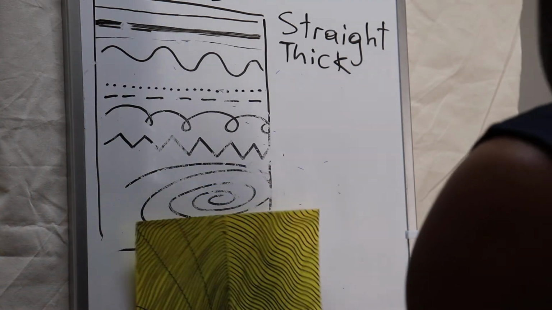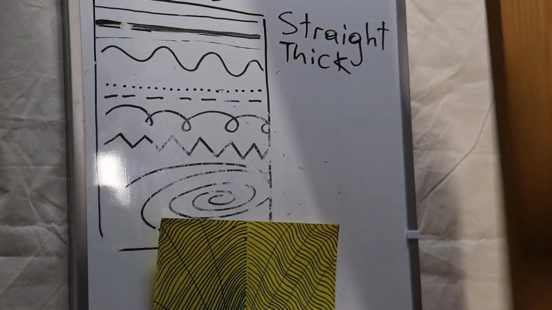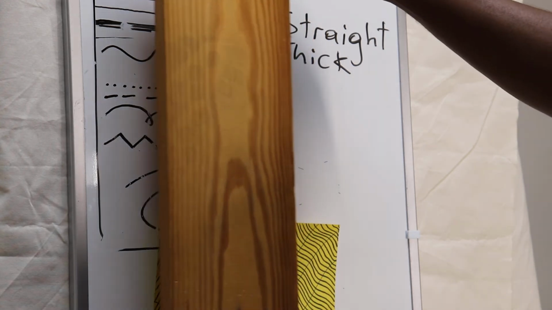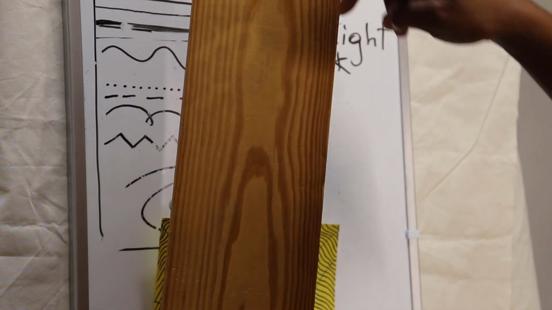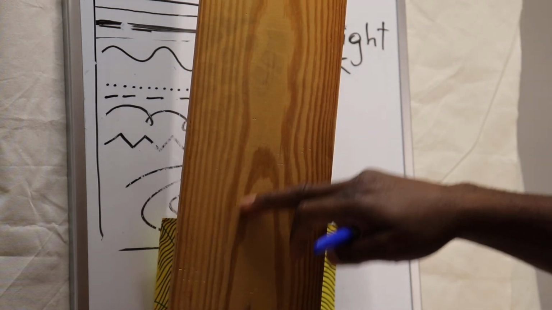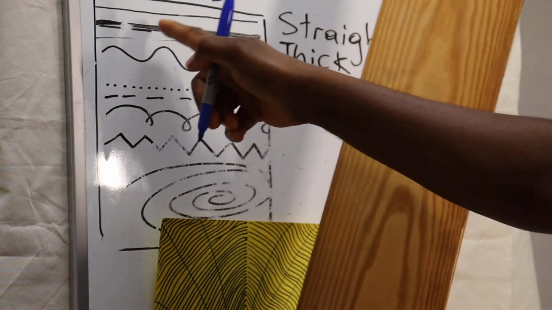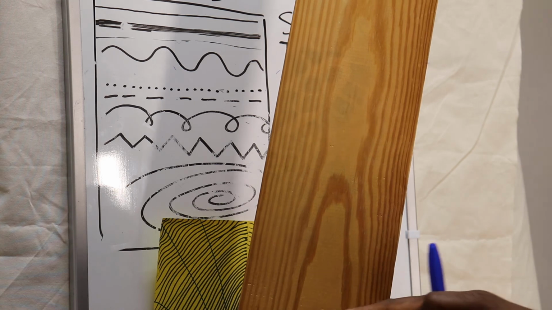Alright, so what I was talking about in nature, when you look at this piece of pine wood, you see the different types of lines there, the pattern is there. There's a different characteristic of lines happening in here, where you have thick lines, very thick lines, and it reads as a shape in the middle.